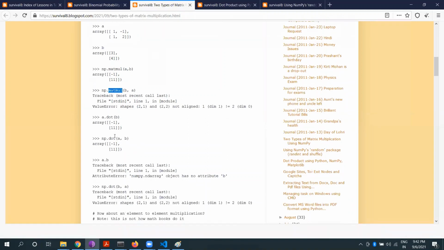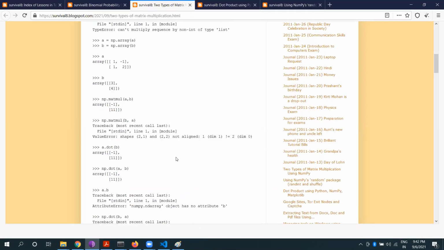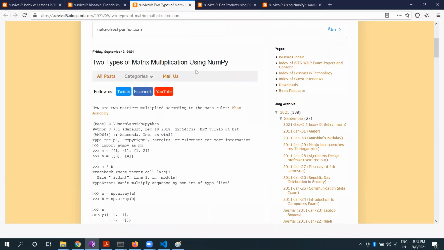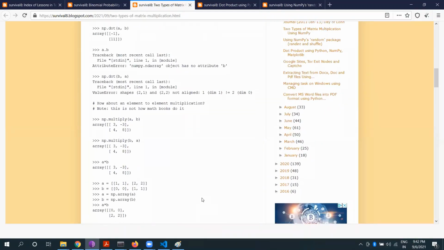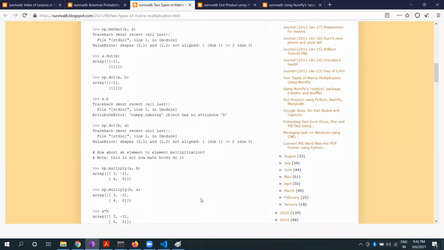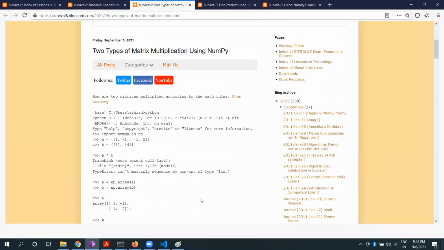If we have vectors and we want to do a dot product, then we would call np dot dot. So np dot dot is there, and np dot matmul is there. These are two kinds of multiplications that we would have. We would dig a bit deeper: for vectors we have dot product, and for matrices we have matmul.